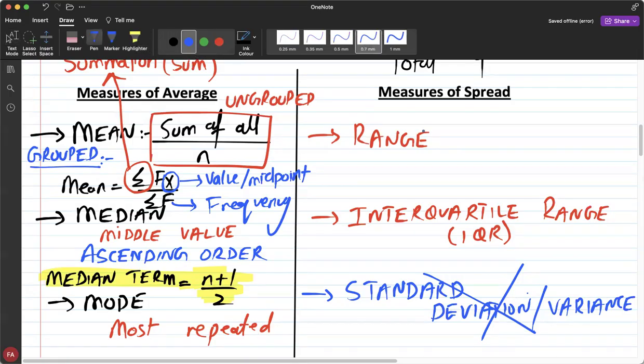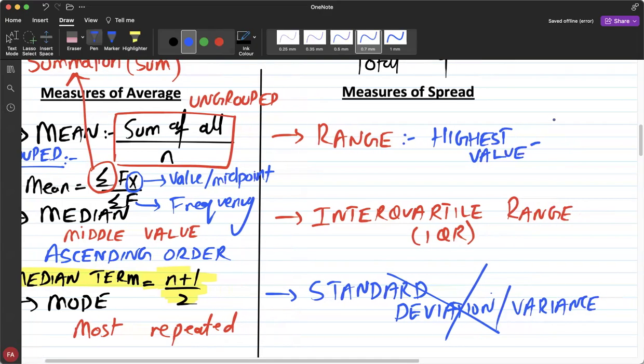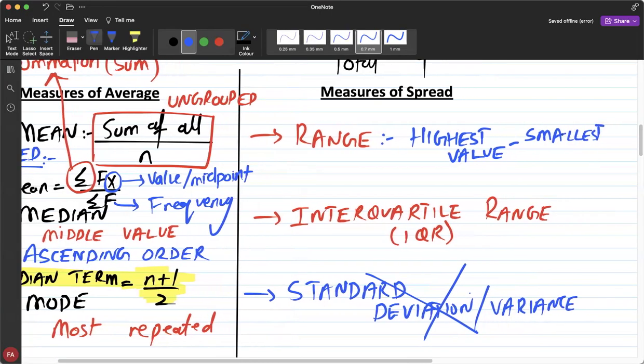In a very similar way, when I say the word range, it means the highest value, the biggest or largest value, minus the smallest value or the smallest number. There are multiple ways to write down this thing, but ideally this has the same meaning. So in certain books, you might see that it says the biggest value minus the smallest value.